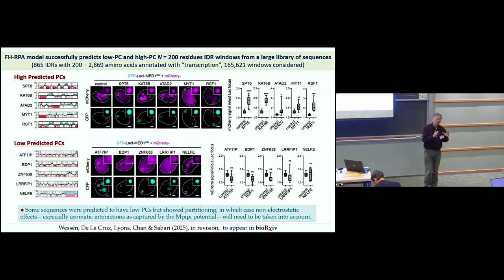There are also a few cases that we predicted to be low PC, but they still partition in a significant way. In those cases, we found that they have a lot of aromatics in them. So maybe the next step in generalizing this method is to include other non-electrostatic interactions to make a more comprehensive, more general approach for this prediction. And for those cases, when we add in this mu pi-pi potential function derived by Jerry, they are all consistent.